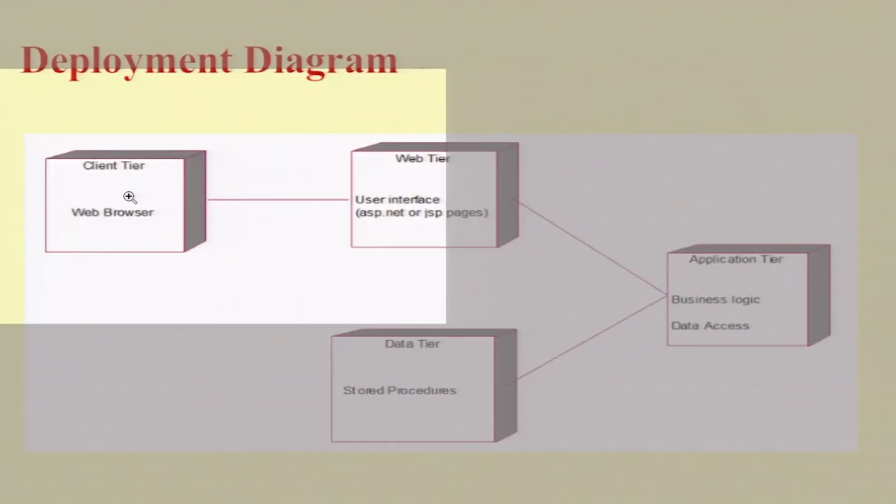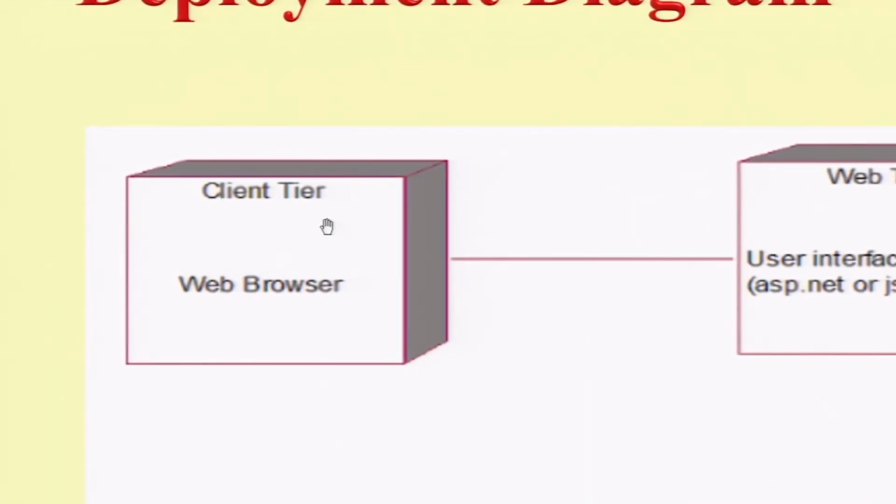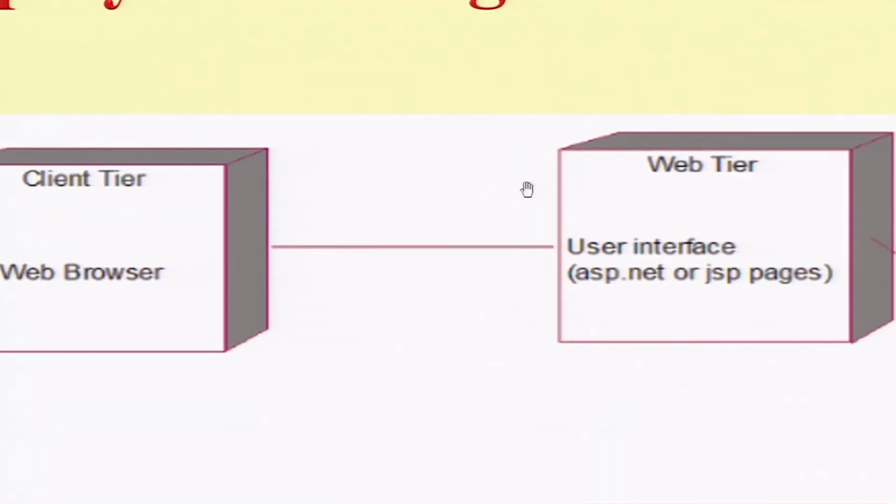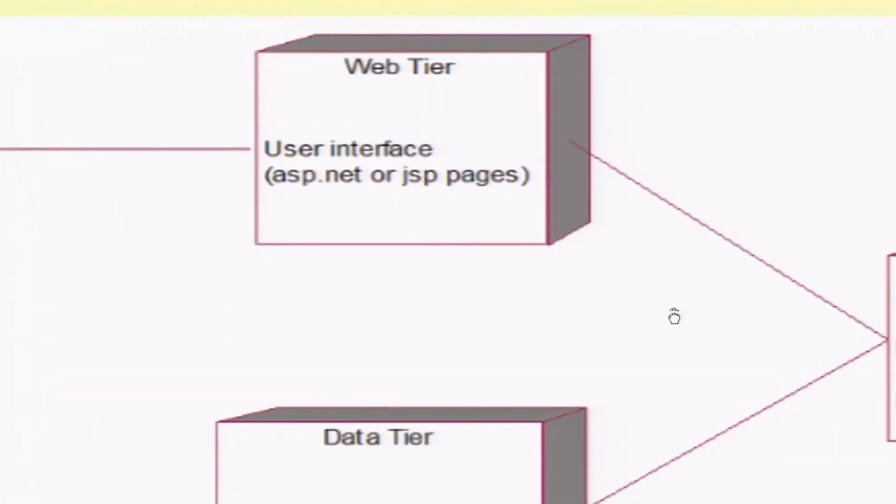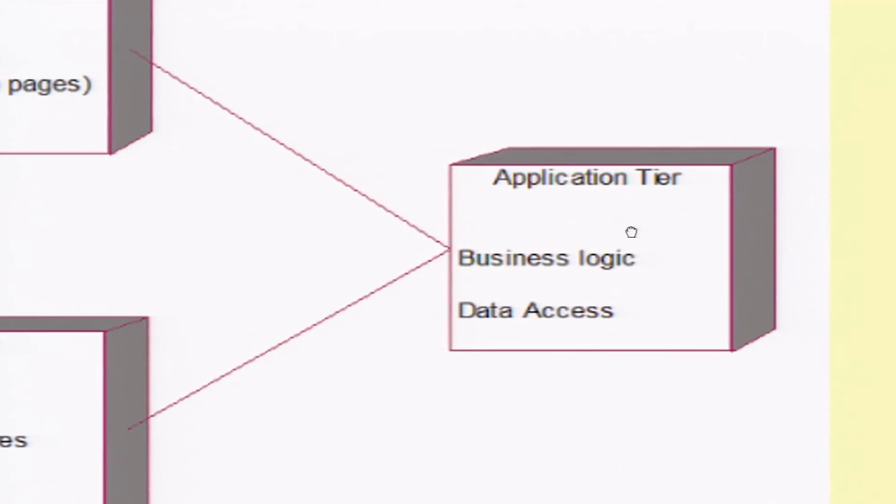Next is the deployment diagram. In the deployment diagram, you have the client tier and the web tier. In the client tier, you have the web browser, and in the web tier, you have the user interface, that is, how you code the program. And then you have the application tier.